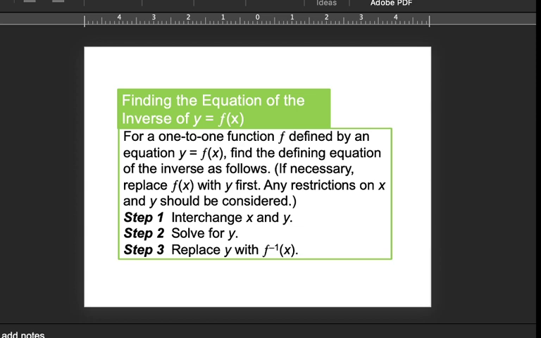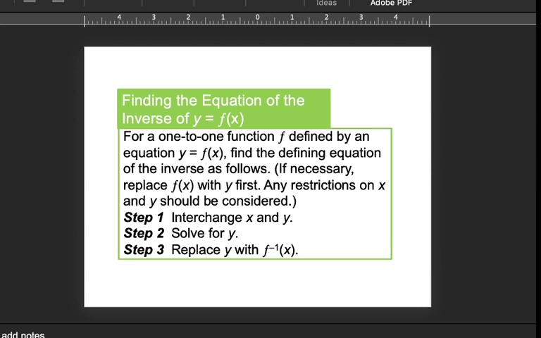What happens when we switch x and y? It's okay if you don't remember, because we're going to spend some time looking at that. I have a feeling that it might be too early. I know it's Monday.